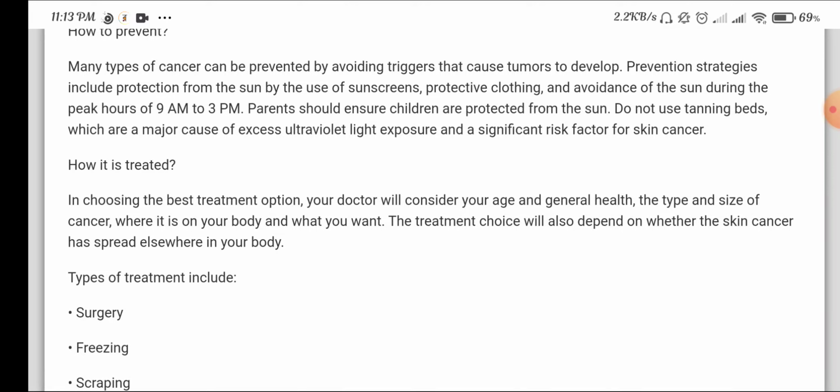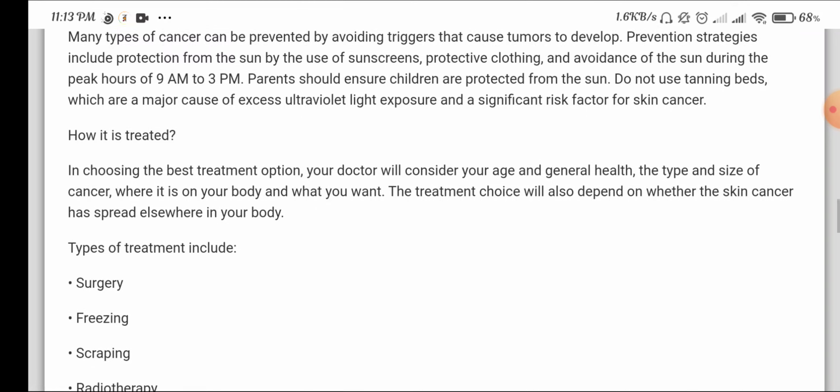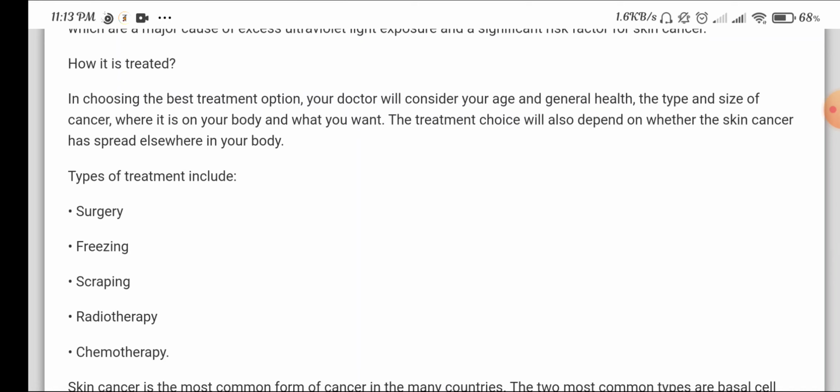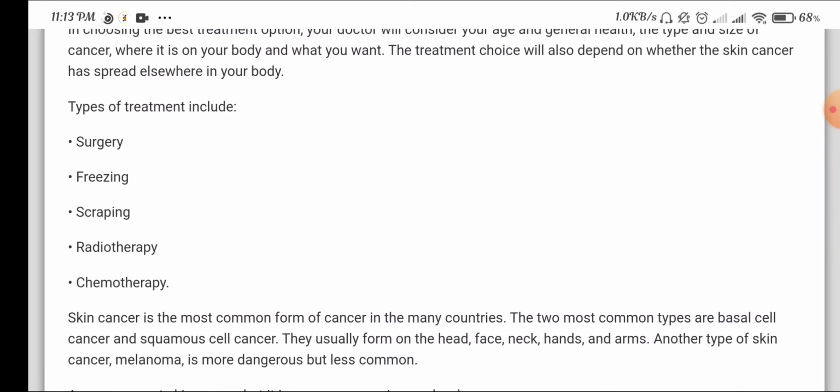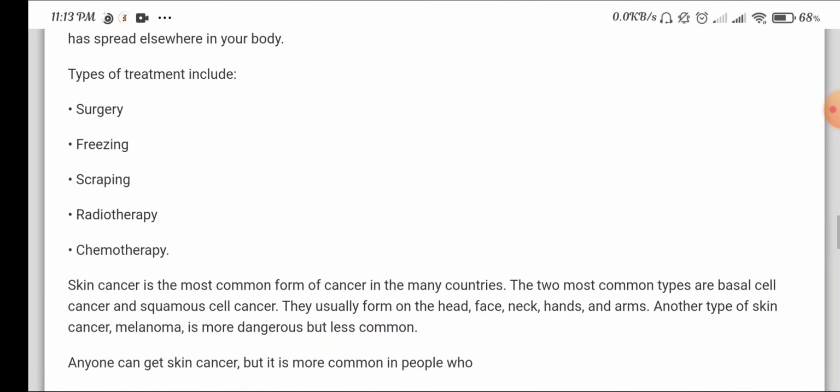The treatment choice will also depend on whether the skin cancer has spread elsewhere in your body. Types of treatment include surgery, freezing, scraping, radiotherapy, chemotherapy.